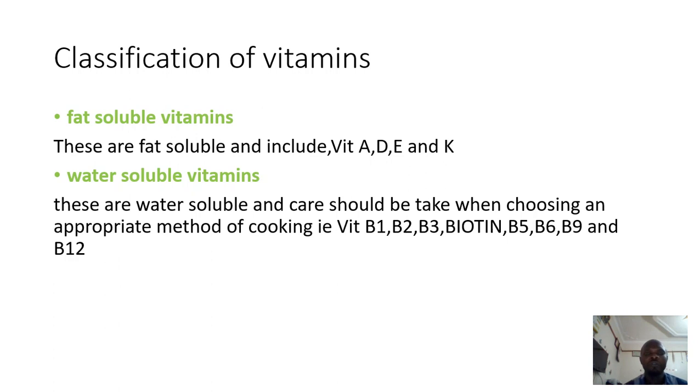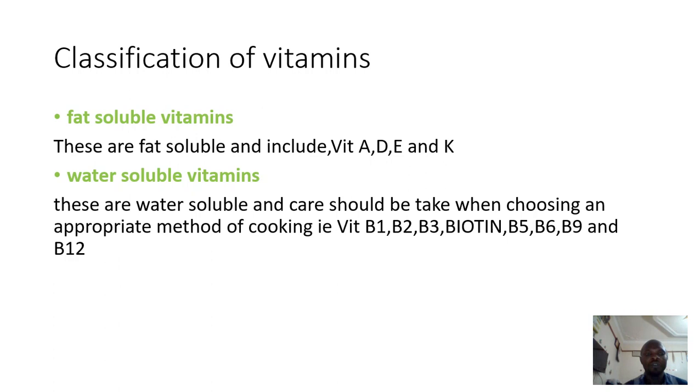The fat soluble vitamins include vitamin A, which is retinol, vitamin D, which is calciferol, vitamin E, which is tocopherol, and vitamin K, which is the anticoagulant or anti-hemorrhagic vitamin. It is much needed in our bodies, simply because it is responsible for clotting of blood in the case of any injuries.